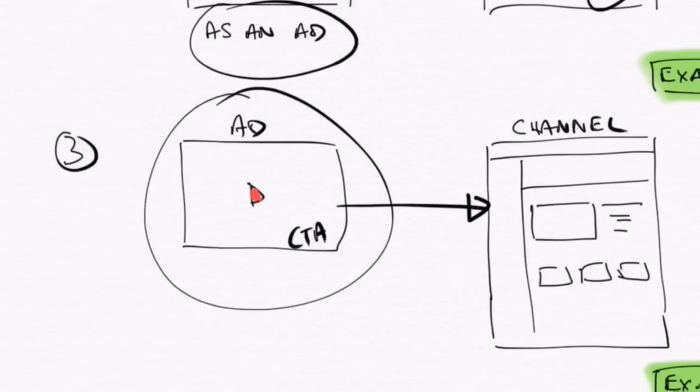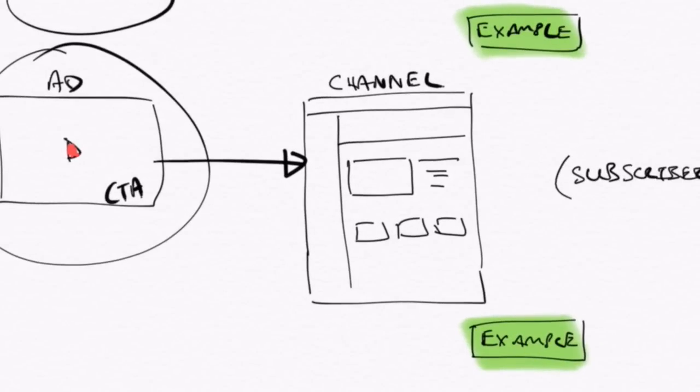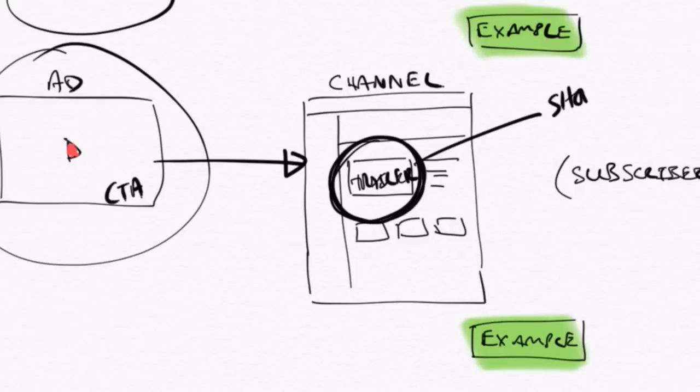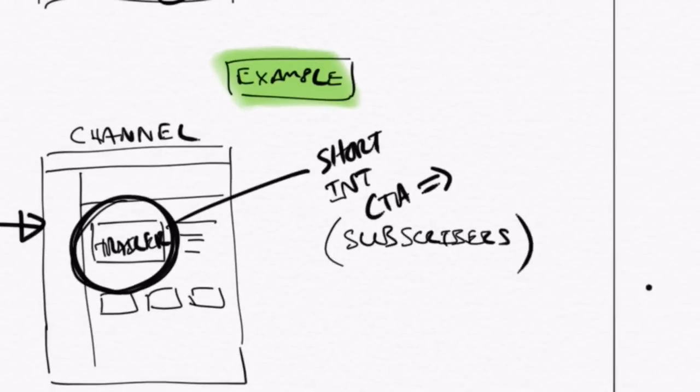So what's important for this to work here is, very importantly, your channel trailer, your little trailer that people watch when they get to your channel. So that's the first thing they see. So very important for this video, it needs to be short, it needs to be interesting, and it needs to have a very strong call to action to ask people to subscribe.